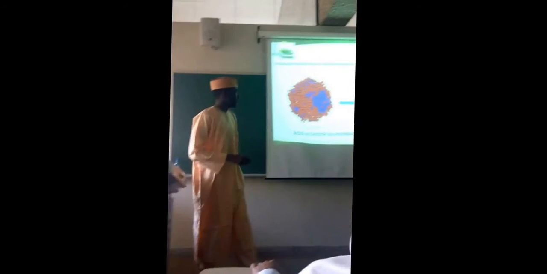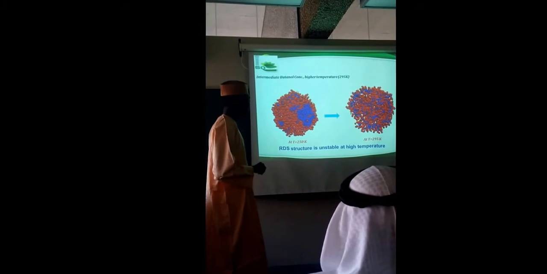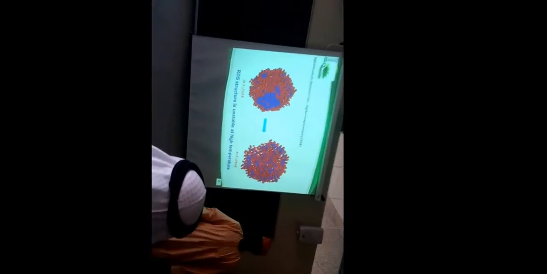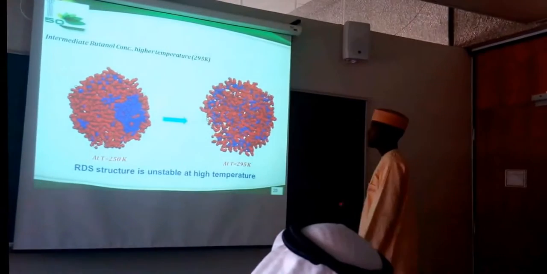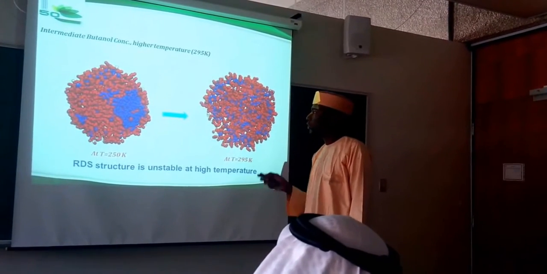Okay, now we discovered a newly RDS structure. We need to study its stability with temperature. This is at 250, the corresponding temperature for the DFT studies. We keep increasing the temperature, and with temperature, this RDS structure, as we name it, is transforming towards the well-mixed structure.